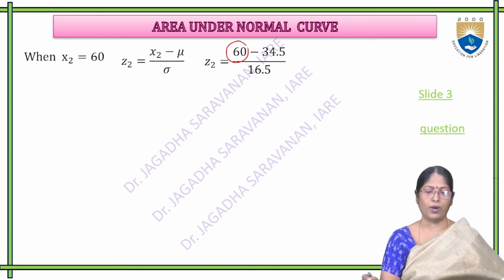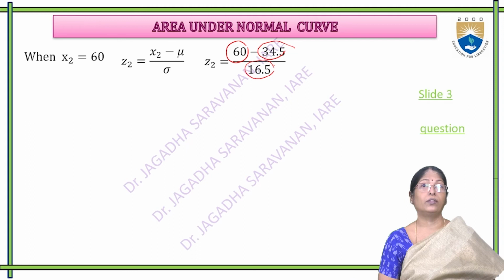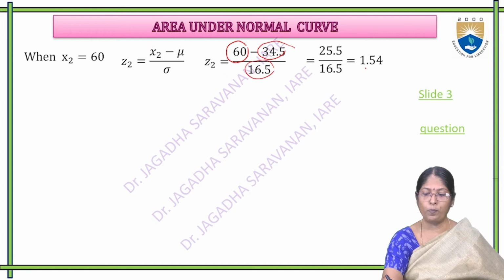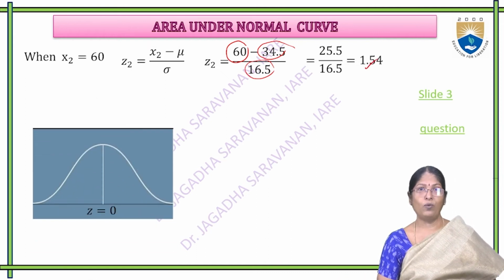Mu and sigma, which are given, we substituted in the respective places. We obtained the result 25.5 divided by 16.5, 1.54.